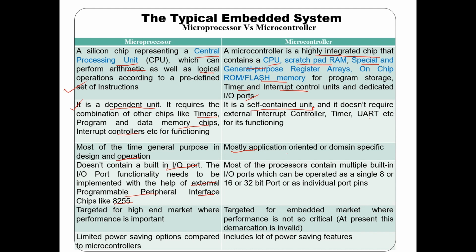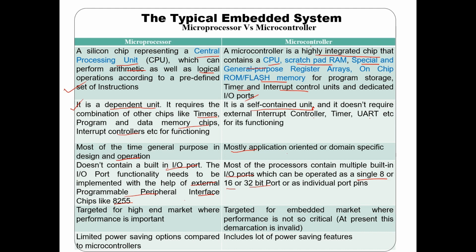On the other side, in the microcontroller, most of the processors contain built-in IO ports. You need not worry about an external interface, and they can be operated as a single 8-bit, 16-bit or 32-bit port or as individual port pins. Sometimes we can combine multiple ports and sometimes we can use these ports independently.